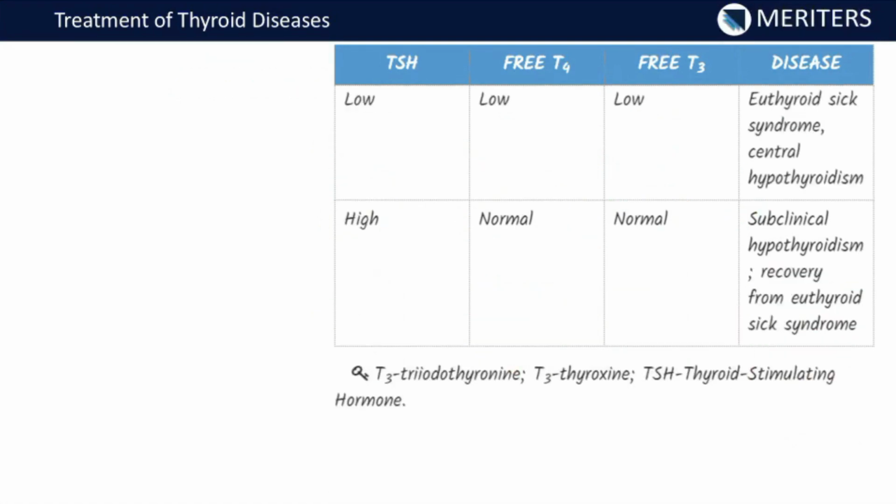Now next is low TSH, low T3 and low T4. So everything is low here, then it's euthyroid sick syndrome or central hypothyroidism.